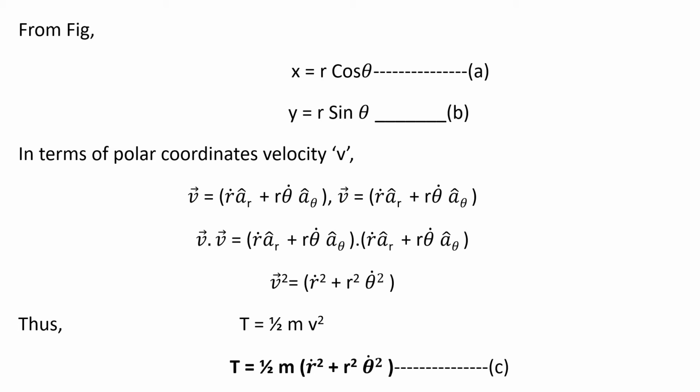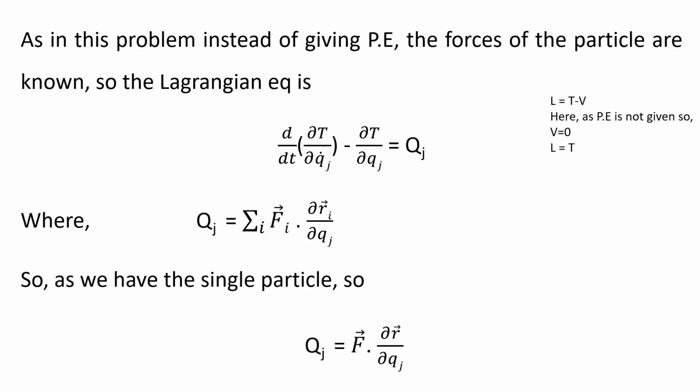You can see that only the same components of the unit vectors can be multiplied and the others will cancel out, so we have v square is equal to r dot square plus r square theta dot square, and the other terms are neglected as they are equal to 0. So T is equal to 1 by 2 m v square, and substituting the value of v square, that is 1 by 2 m into r dot square plus r square theta dot square, which is written as equation number 6 c.